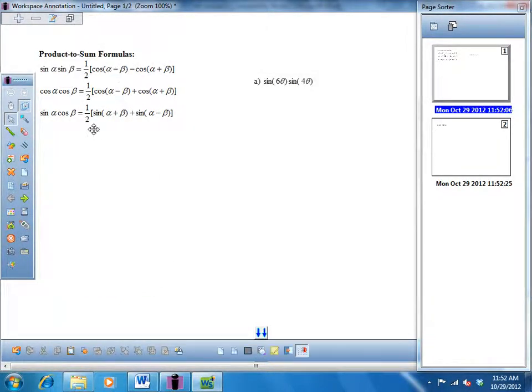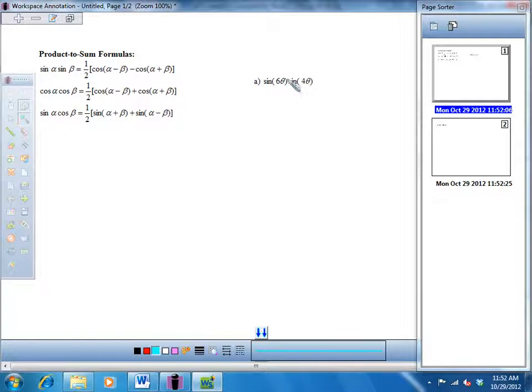Okay, so looking at these formulas over here, all I'm really doing in these is plugging into formulas, okay? So sine 6 theta plus sine 4 theta, which one does this look like? Formula 1, 2, or 3? It looks like formula 1, okay?